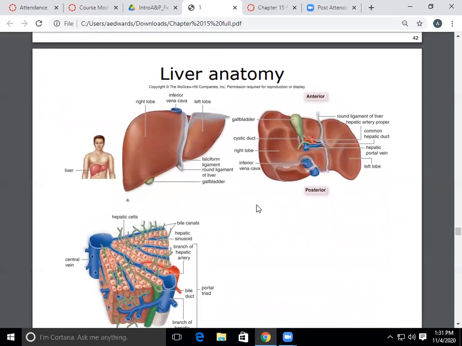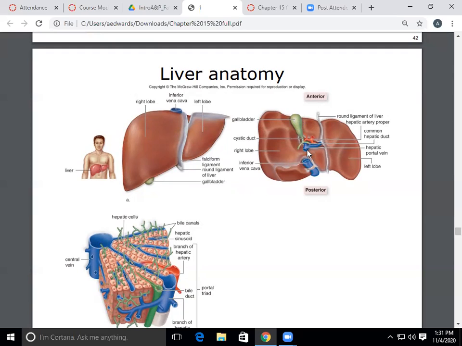All right, so here's a picture of the liver, right lobe, left lobe. Here's your gallbladder. If you look at the other side or flip it over, you can see the gallbladder here. There's the inferior vena cava. All right.